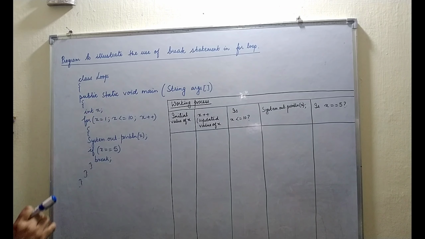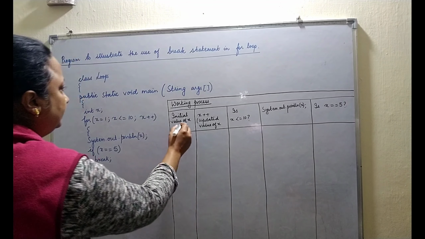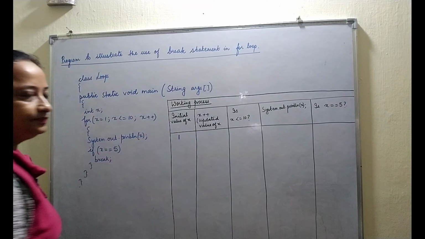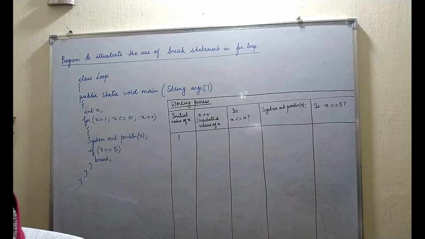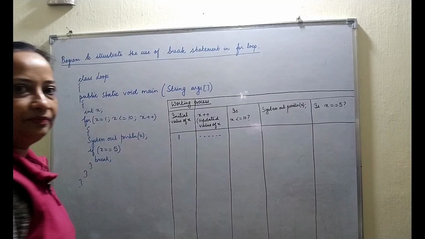Now let me show you the working process. The initial value of x is 1. Initially the value of x will not be updated.